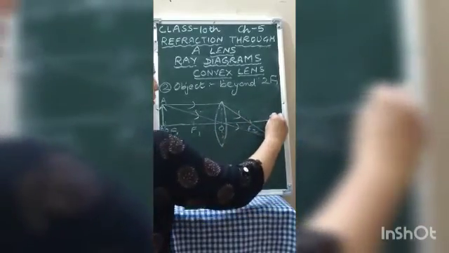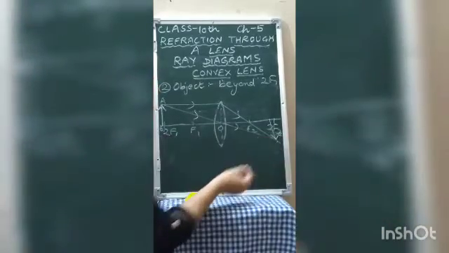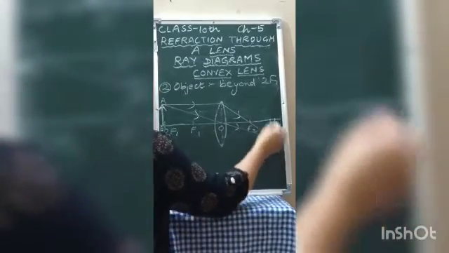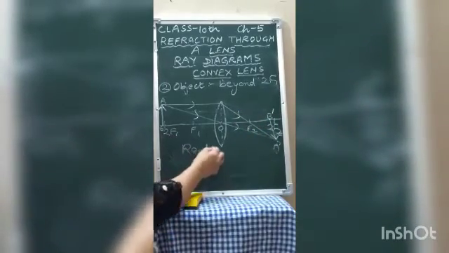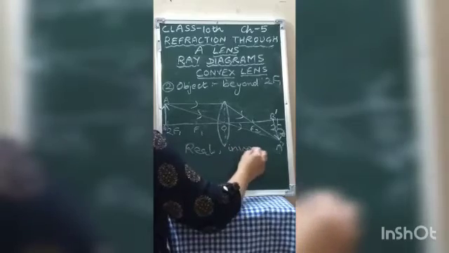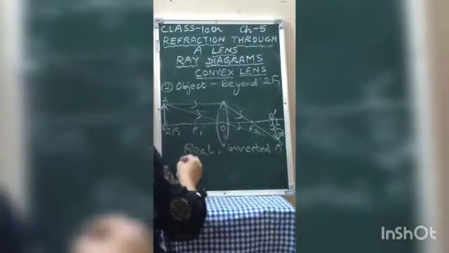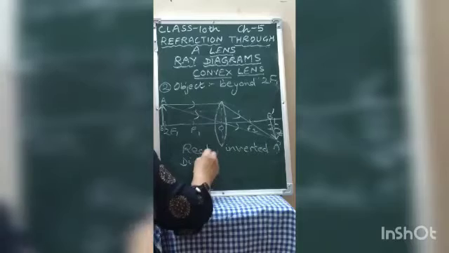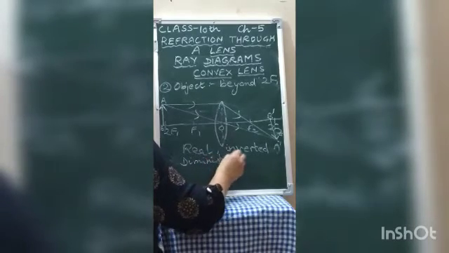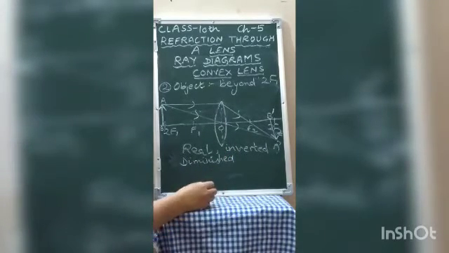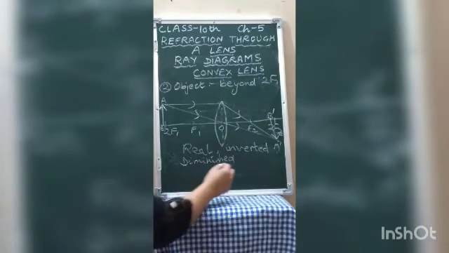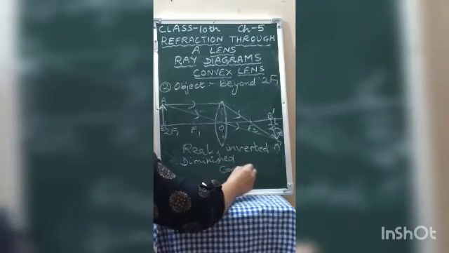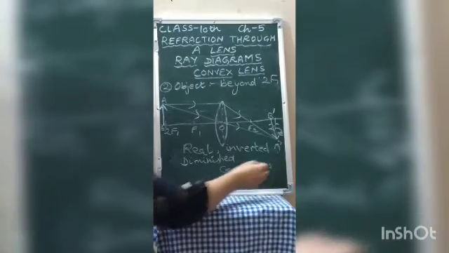So these two rays are meeting before 2F2. So this is the image A dash B dash. And the nature of the image: real, inverted, diminished and formed between F2 and 2F2. And the convex lens is used in this manner as a camera lens.